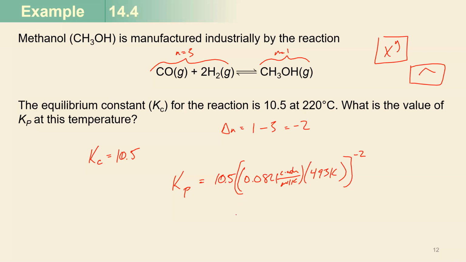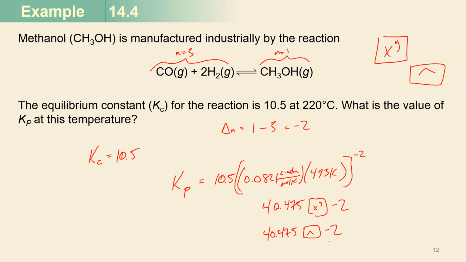But to plug it in, you just multiply those two numbers together. So 0.0821 times 493. So that's 40.475. And so in your calculator, you can either do the x to the y button, -2, or you can do 40.475 in the caret button, -2.